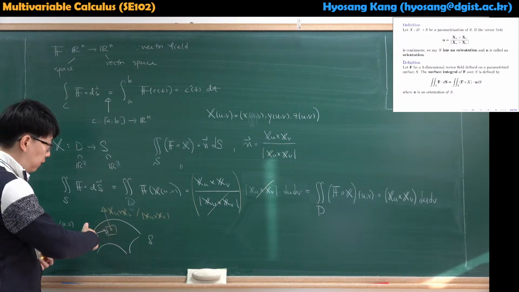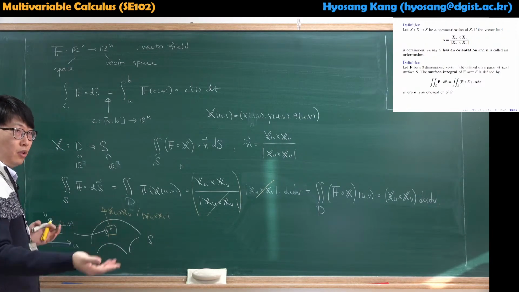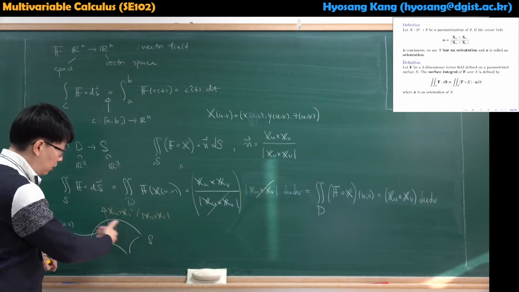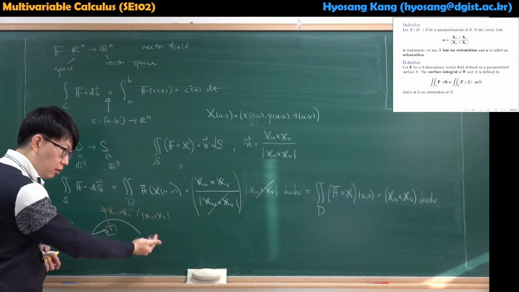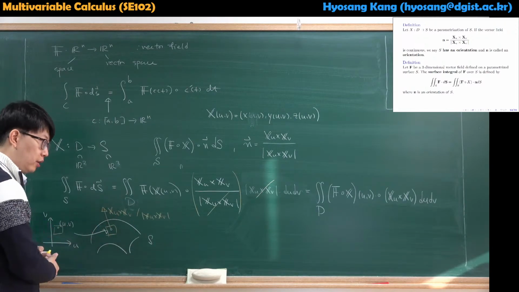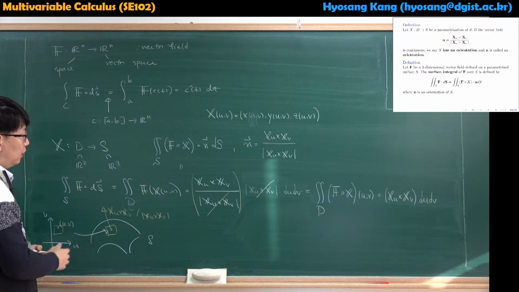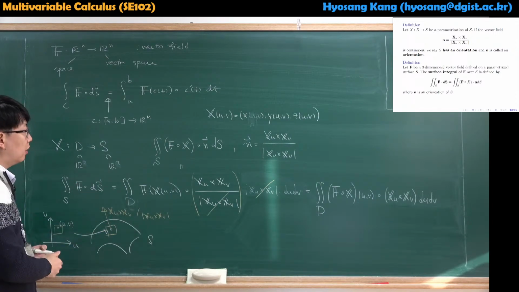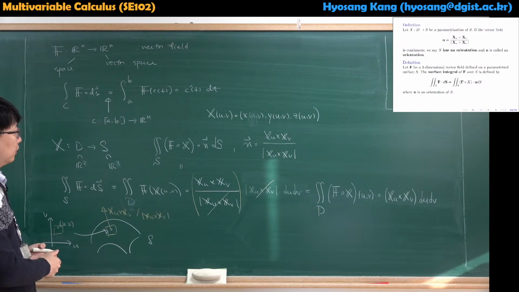So if the water flows along the surface, there's no flux, right? So you don't want to add the parallel direction of the vector field. You only want the perpendicular direction of the vector field. So this is the flux. Sometimes the surface integral is called the flux of the vector field over the surface.